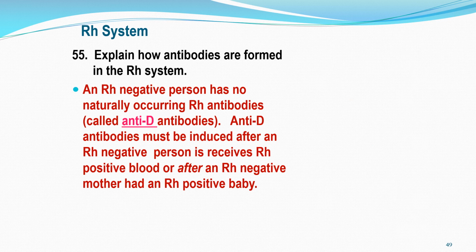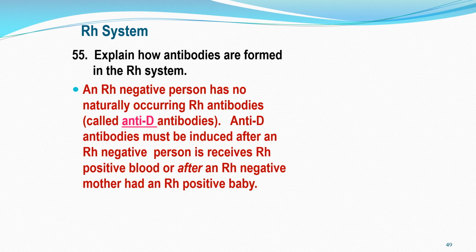An Rh negative person has no naturally occurring Rh antibodies, called anti-D antibodies. Anti-D antibodies may be induced after an Rh negative person receives Rh positive blood. So if you are Rh negative, you do not have naturally occurring Rh antibodies, anti-D.